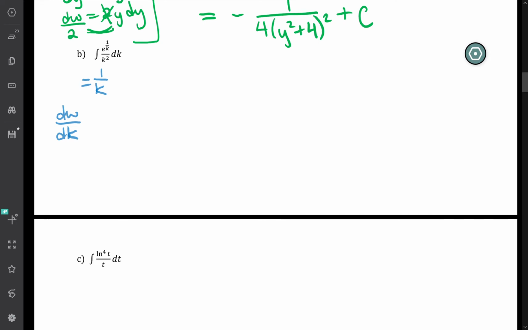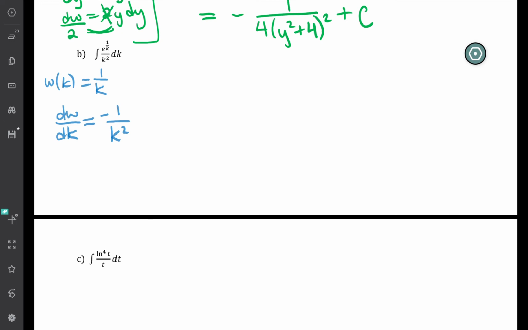So I'm not writing it this way, but this is what I'm saying. I am naming W, which is some function of K. So if I want to take the derivative of that function with respect to K, it's called dW dK, and it's equal to negative 1 over K squared. So we said we have K to the negative 1, its derivative is negative K to the negative 2.